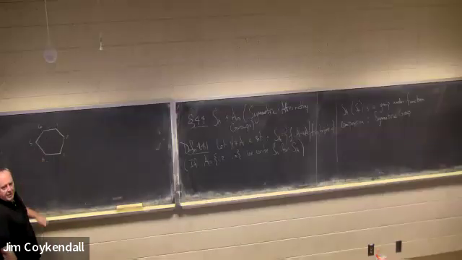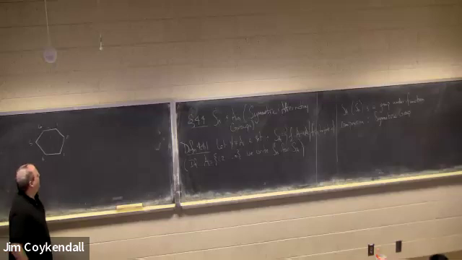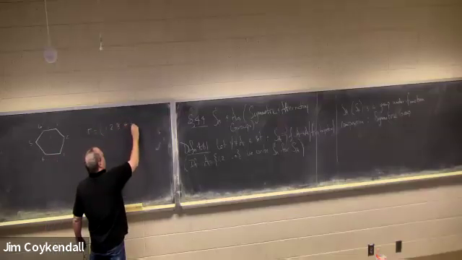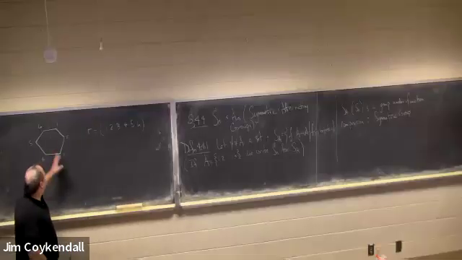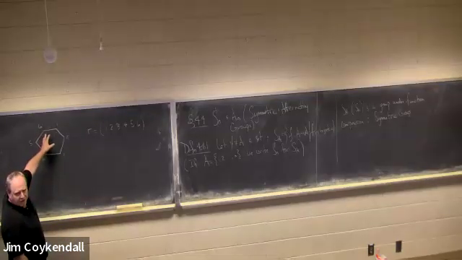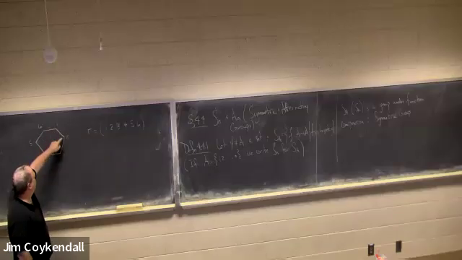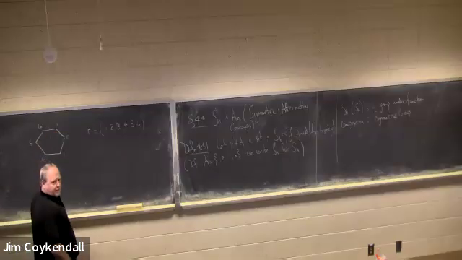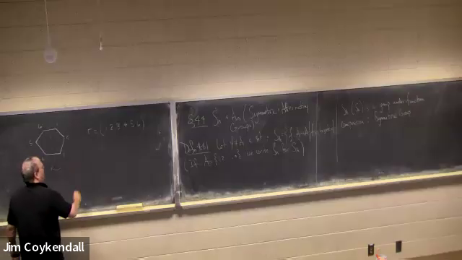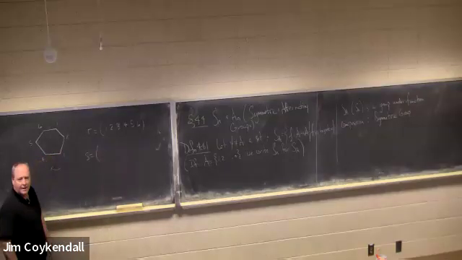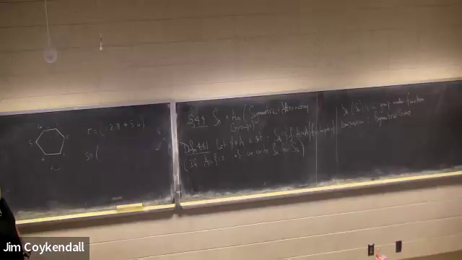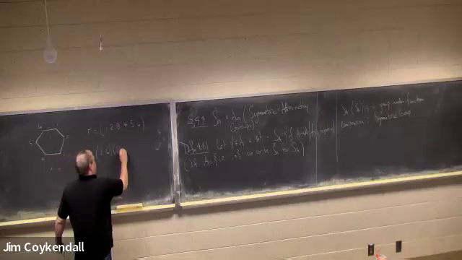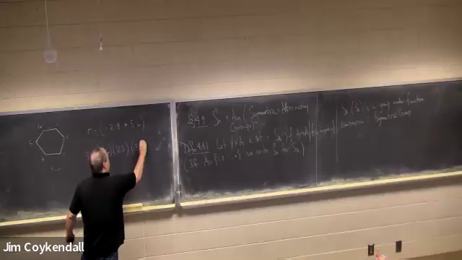You're used to me putting the vertex up here, but I'm going to actually put the flat sides here. If I rotate this 60 degrees clockwise, then 1 goes to 2, 2 goes to 3, 3 goes to 4, and 6 goes to 1. Everybody agree with that? What happens if I flip this about the y-axis? Where will I get now? 1 and 6 swap, 2 and 5 swap, and 3 and 4 swap.